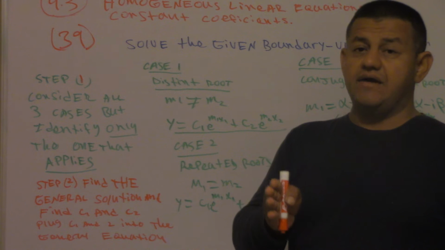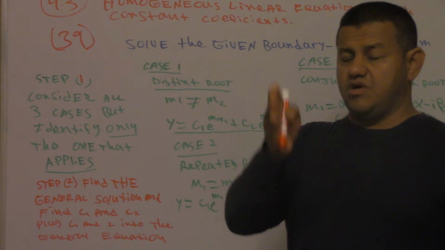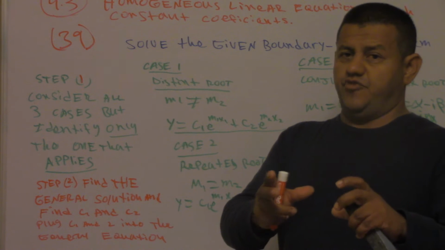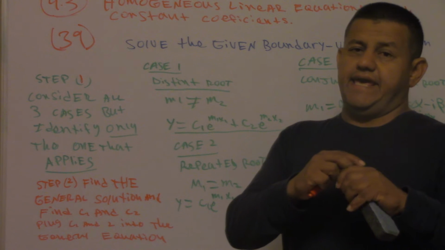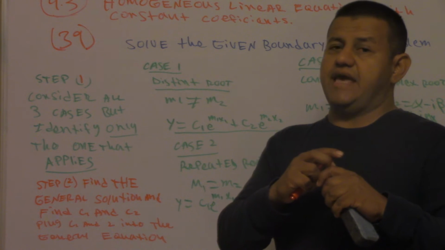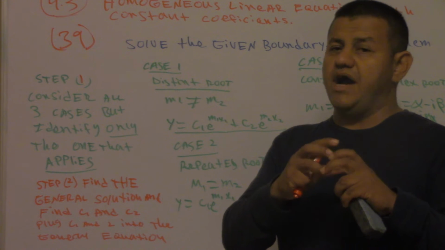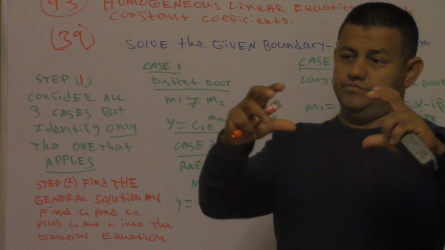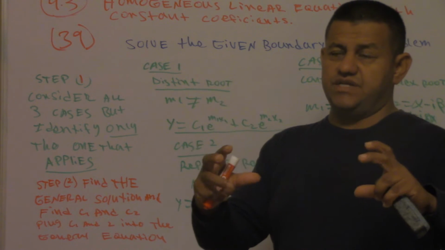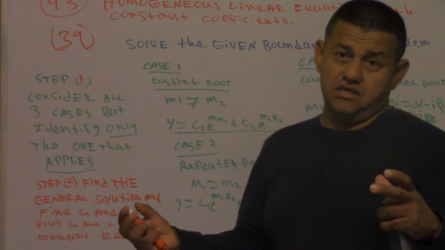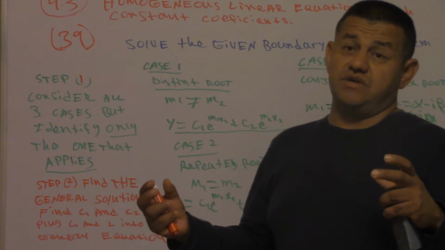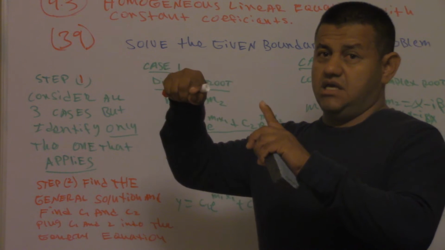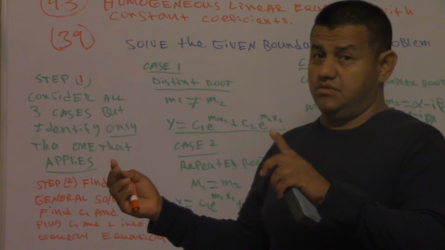You cannot have, for example, y of 0 is equal to 5 and then y prime of 0 is equal to 2.